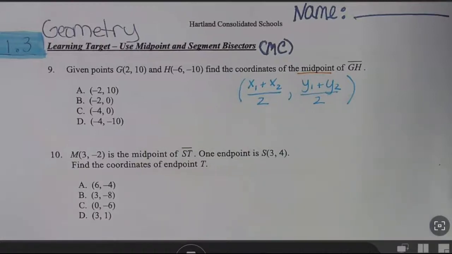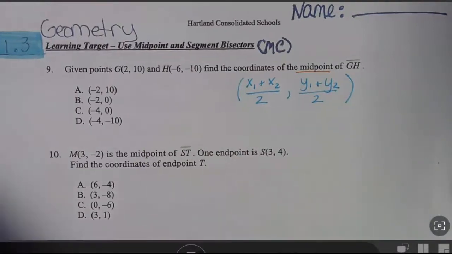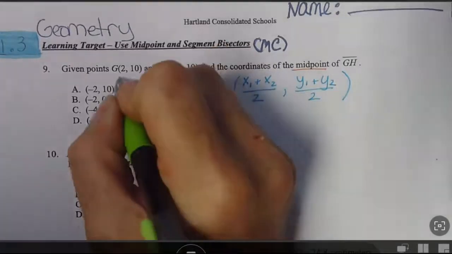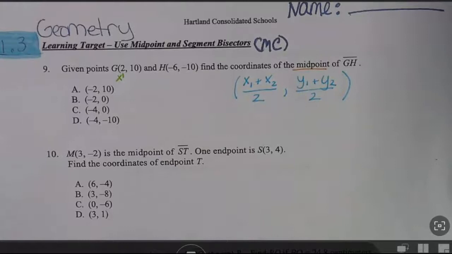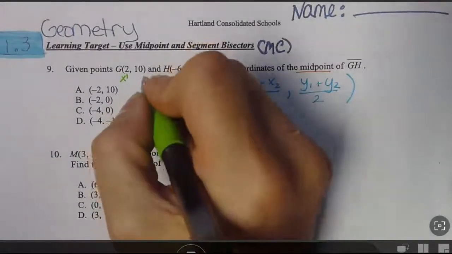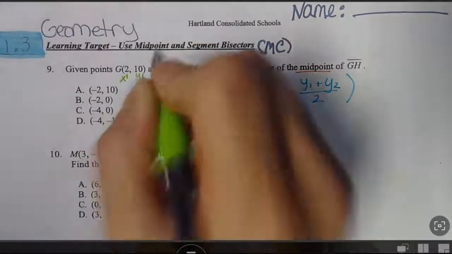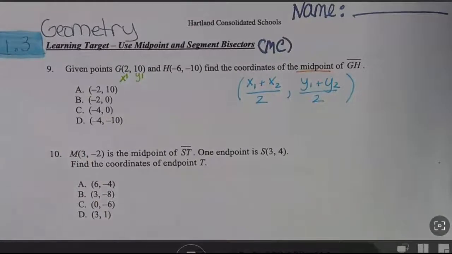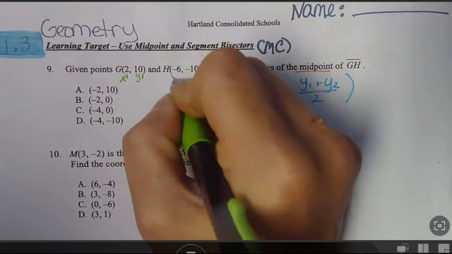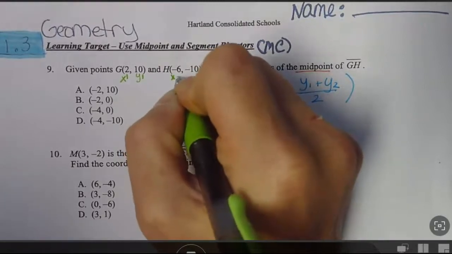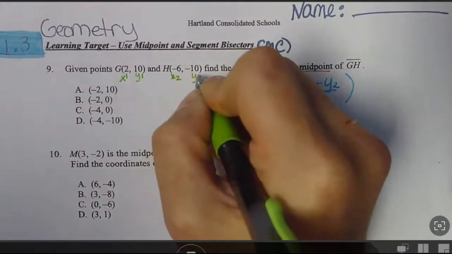So just to help you, remember, we want to label our points. This is x1 because it's the first x we see. This is y1 because it's the first y we see. This is x2 and this is y2.